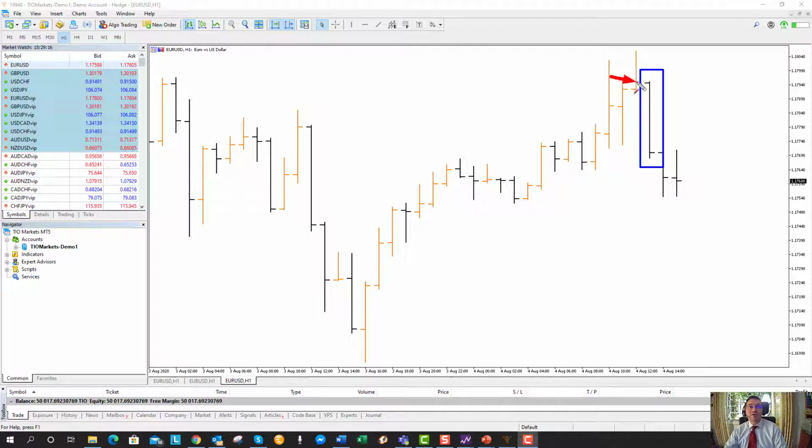Here we can see the closing price is below its opening price, so then you will have a negative bar. That tells us during this trading session that there were more sellers than buyers, and that the sellers won the battle and forced the price to close lower than its opening.